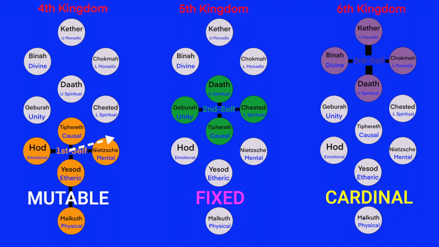This diagram represents the 3 stages of a monad's evolution through the 4th kingdom and into the 5th kingdom of nature. 3 crosses are presented, but it is from the fixed cross that the monad builds the Antahkarana and takes the I-4.